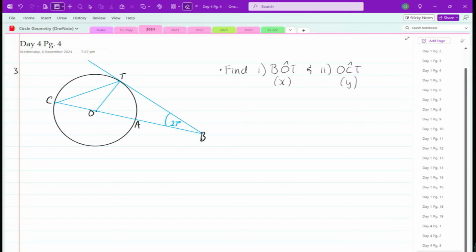So that's supposed to be an angle after. So find that answer. Does that make sense?